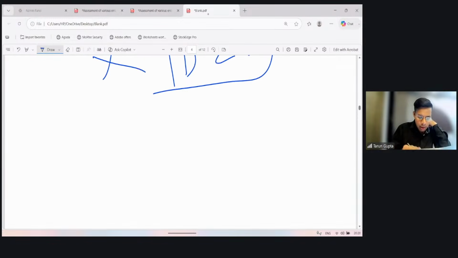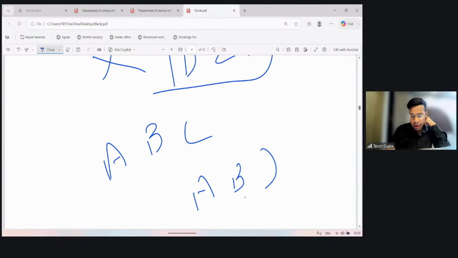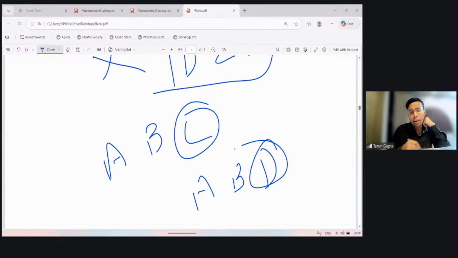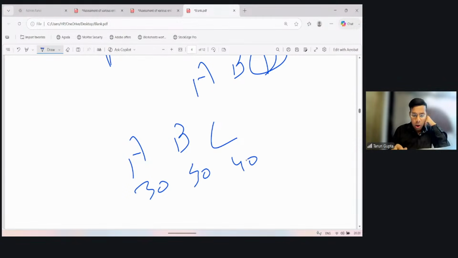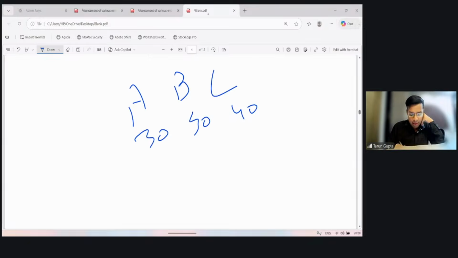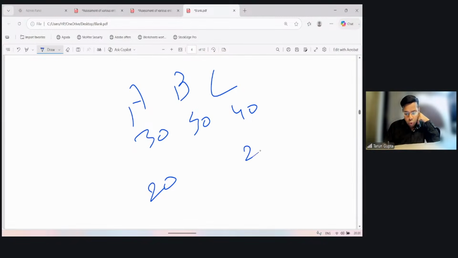Changing constitution means there is A, B, C. Now there is A, B, D. C has gone, D has come. Or there is A, B, C, earlier they were entitled to say 30, 30, 40%. Now they are entitled to say 20, 20, and 60%. Okay. So they change the profit sharing ratio.